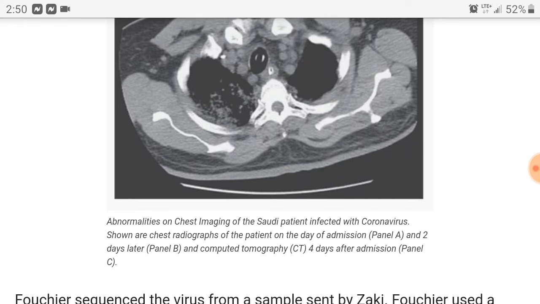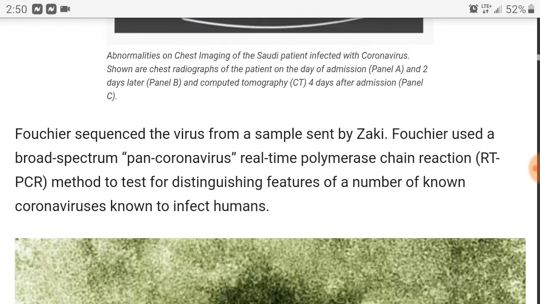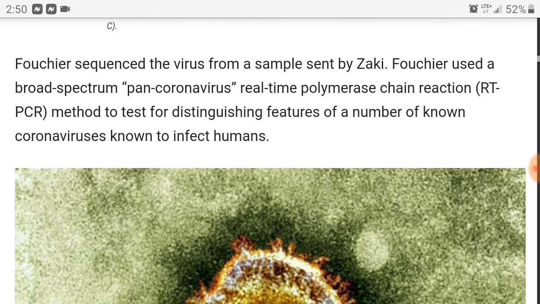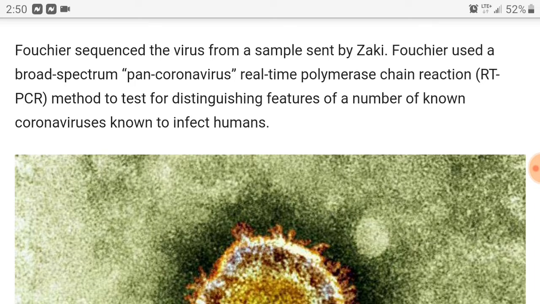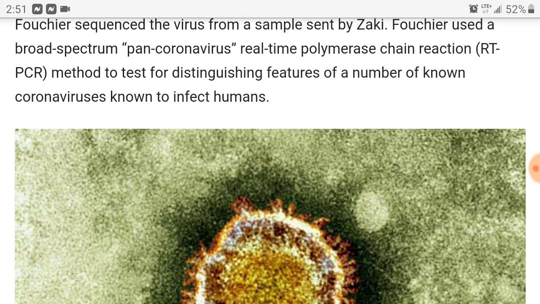Now I'm not going to read this whole thing to y'all, but if you need a moment to stop and read it, please do so. Please pause it and read it. So it's telling you here that he used a broad spectrum, and they called it the pan coronavirus, real time.